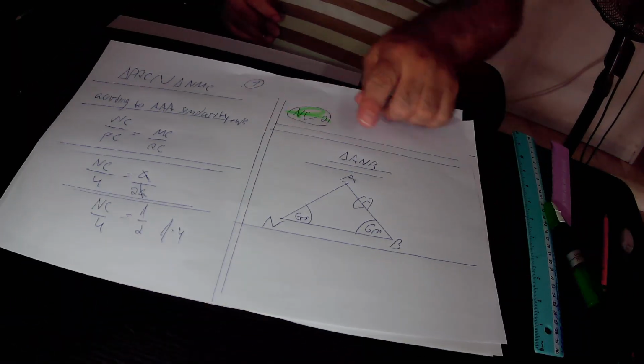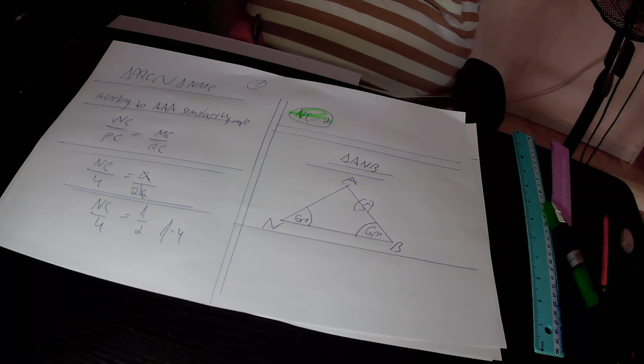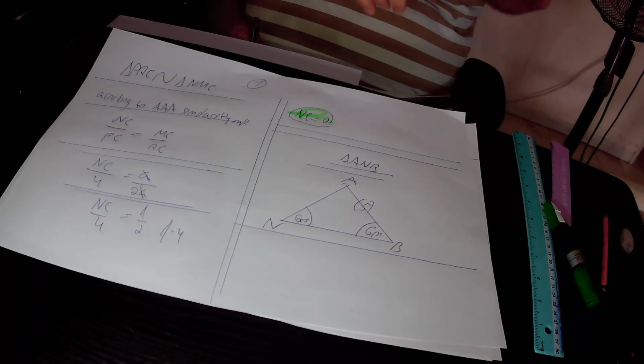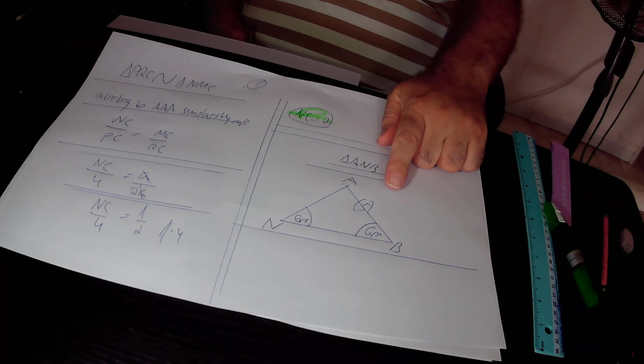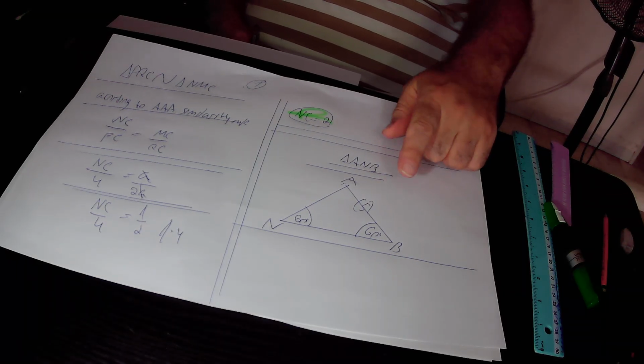So actually, this is the big triangle that comes from the original drawing. AB equals 5 units in its length according to what is given in the question.